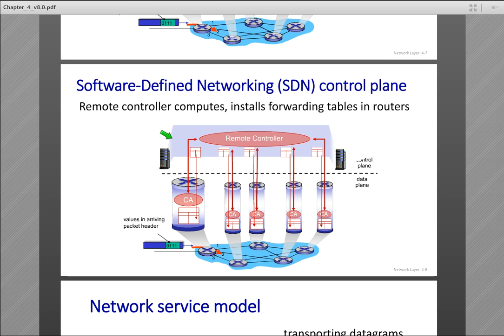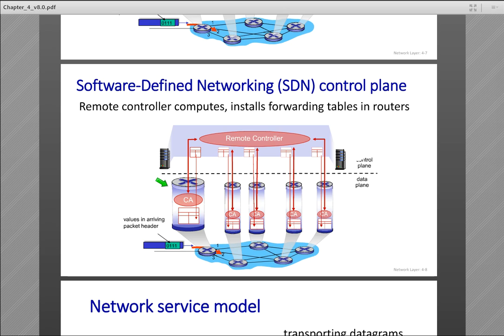Those servers think about the routes, about the paths. What does it mean? It means that in the future routers have no control plane.